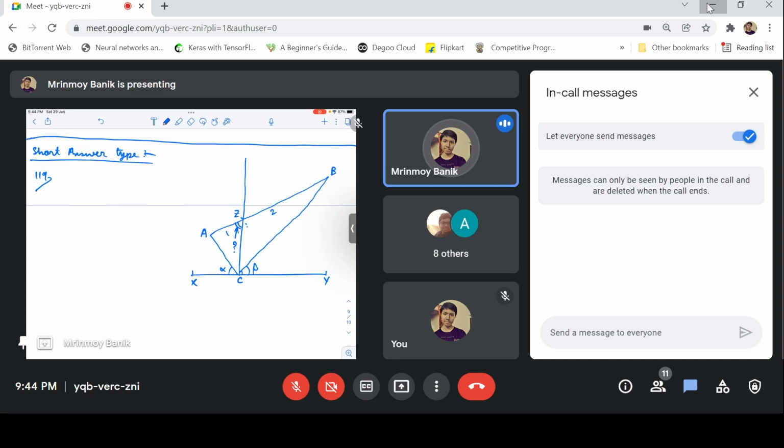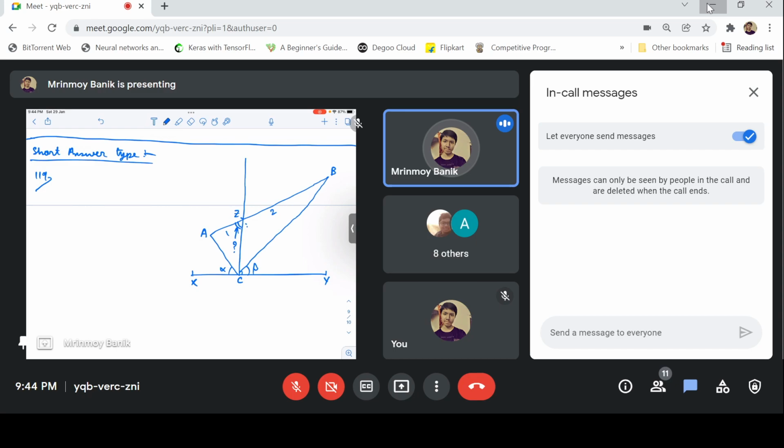What is B? So angle B is, B plus A is alpha plus beta. So this is alpha, so this is the external angle.